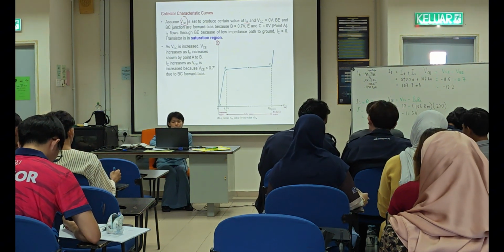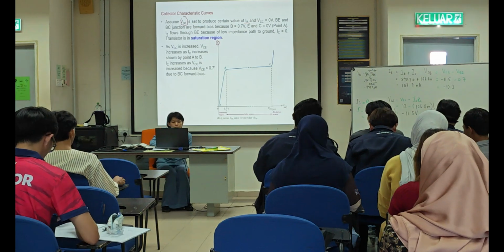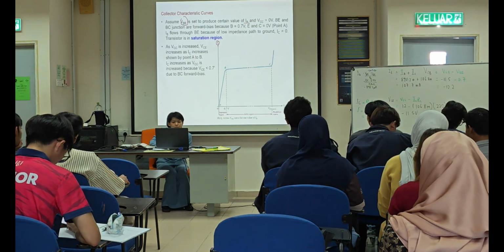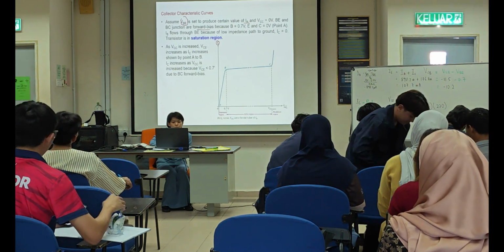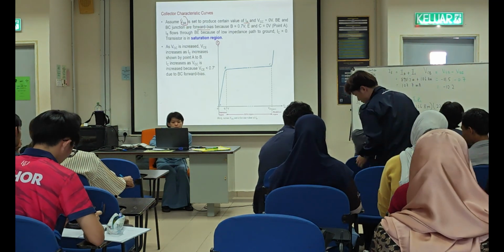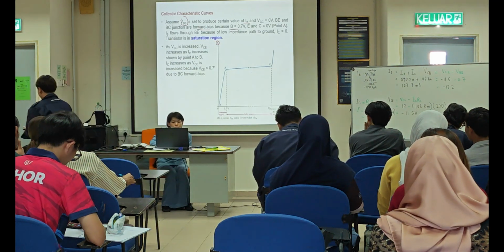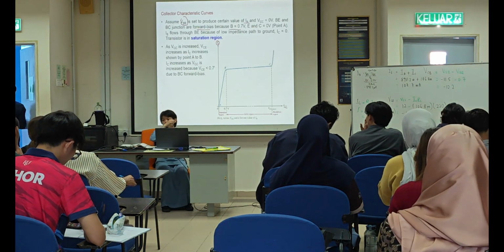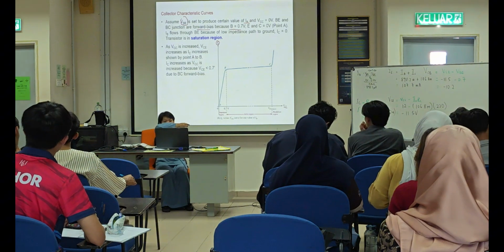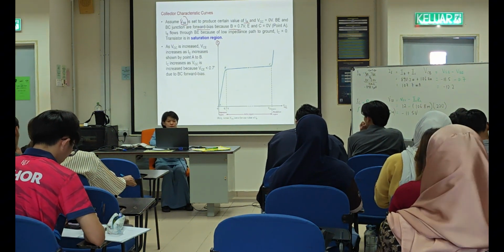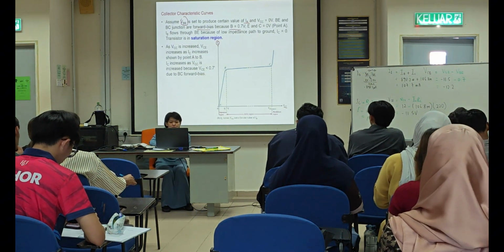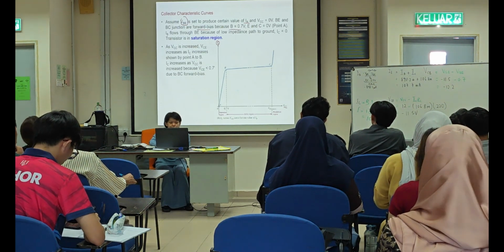Okay, first we set VCC to 0, and then the BE and the BC junctions are forward biased, because your B is 0.7, since your transistor has the regular bias voltage of 0.7. So your E and C are 0 here.